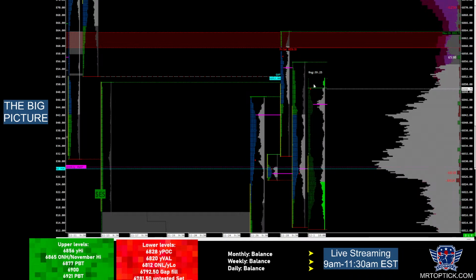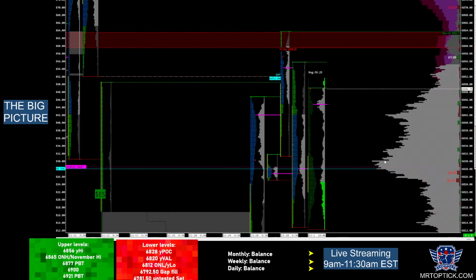Right now, so far it looks like we're about to open inside the range, but slightly above value. So if we start trading back inside yesterday's value, then I'll be looking for a sweep through value and target value area low.